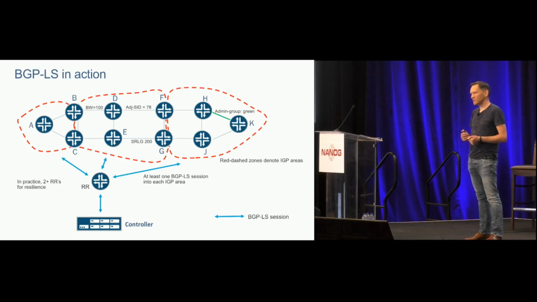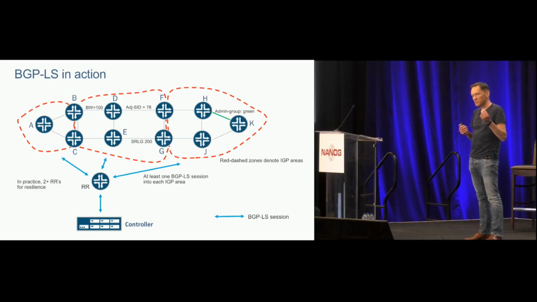One way it can achieve that, you could just have an IGP peering between the controller and each of those areas, but the controller is probably not directly physically connected into those areas. And so you'd end up having to do an IGP adjacency over GRE tunnels or something like that, which gets a bit messy. Instead, you can use BGP-LS. So a BGP-LS speaker takes the contents of the traffic engineering database, other IGP information, packages it up into TLVs and communicates those over BGP.